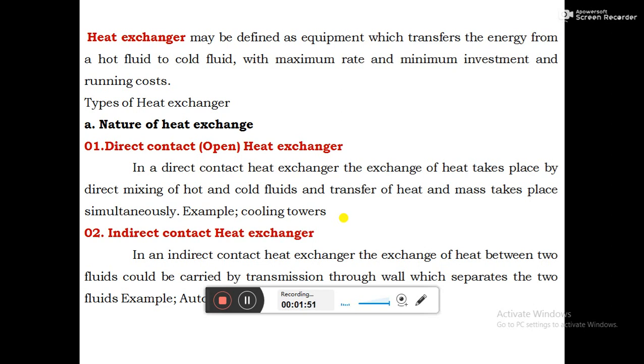The radiator is one of the heat exchangers where the transfer of heat takes place from hot fluid to cold fluid, and it is a best example of a heat exchanger. There are different types of heat exchangers and their classification is made on different bases, on different categories.